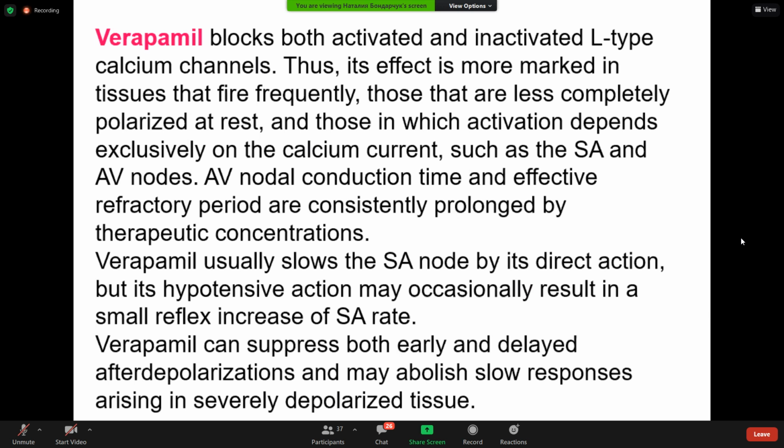So that's why verapamil can't cause pronounced bradycardia. Verapamil can suppress both early and delayed afterdepolarizations and may abolish slow responses arising in severely depolarized tissue.